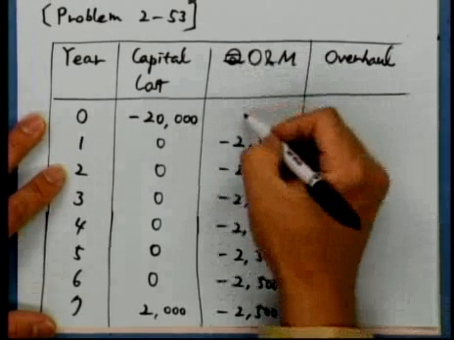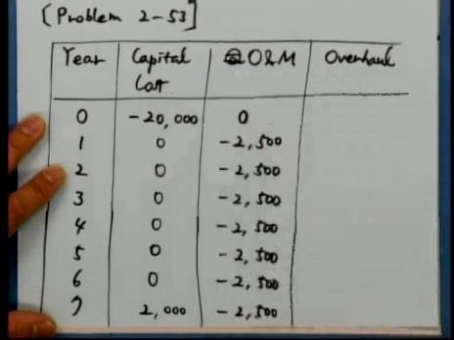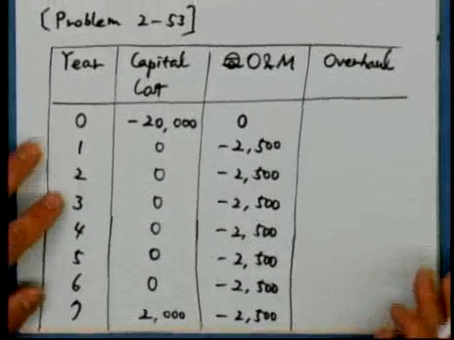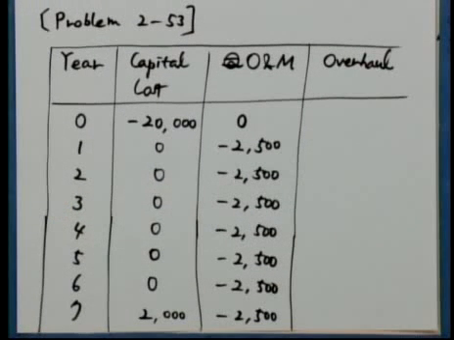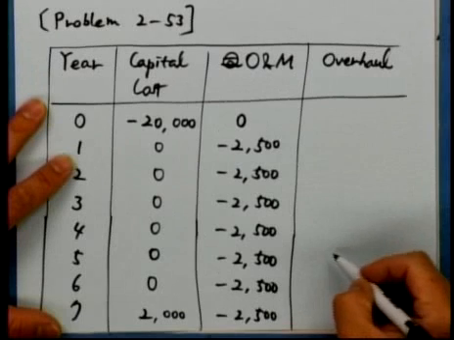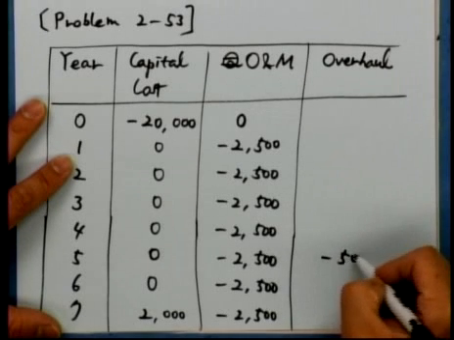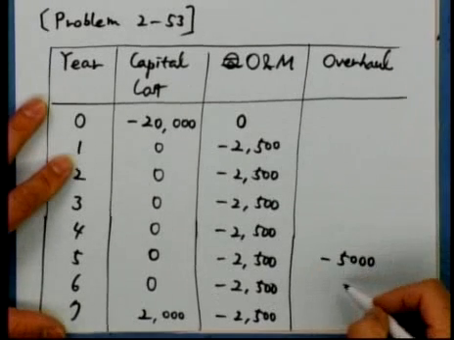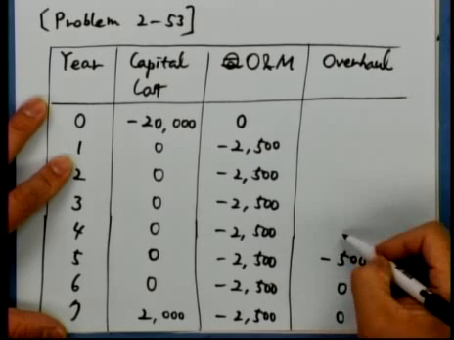Of course, there is no maintenance cost at the end of year 0. Okay? Another cost is the overhaul costing $5,000 in year 5, so I'm going to put negative 5,000 here and 0 otherwise.